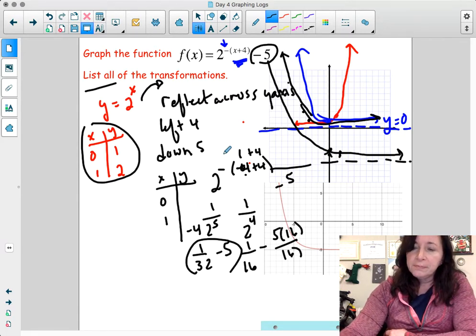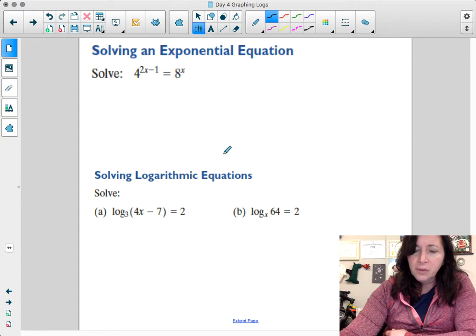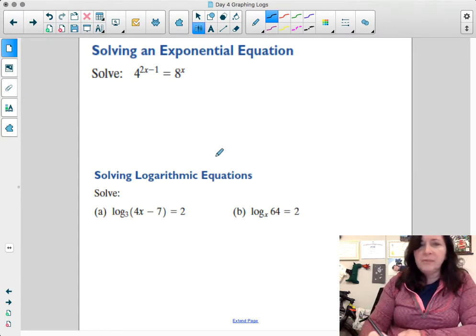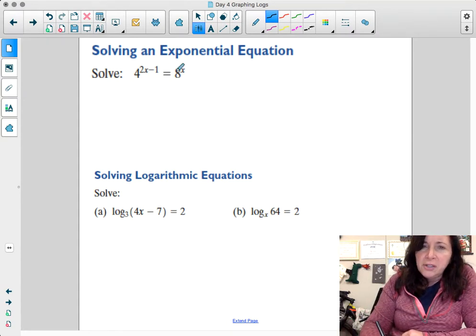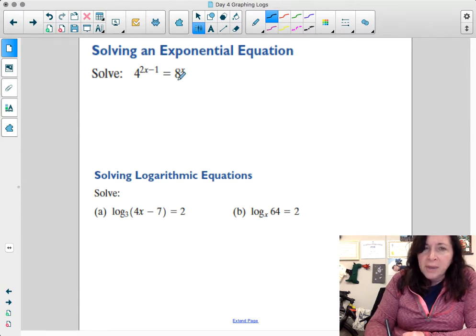So let's get back to logarithms, solving an exponential equation. You can do this two ways. Way number one is to get a common base. And notice that 4 and 8 are not going to be common bases, as is.